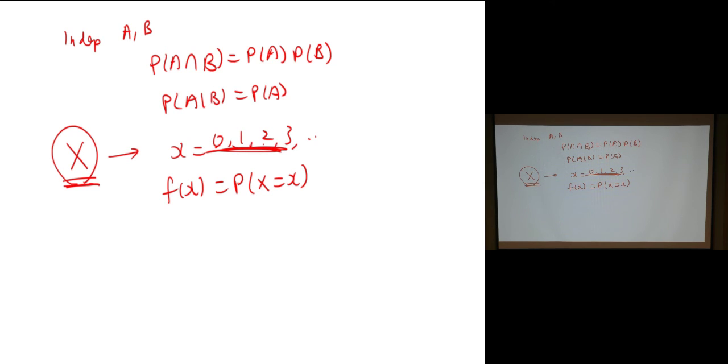The simplest random variable cannot have one value, so the simplest is to have two values. Arbitrarily, I take 0 and 1. Then I have the associated probability: probability of x equal to 0 is p, and equal to 1 is 1 minus p. This is the simplest random variable, taking two values, each with a corresponding probability.